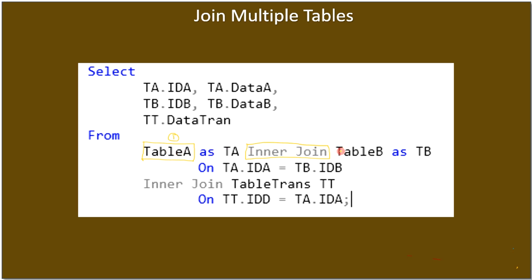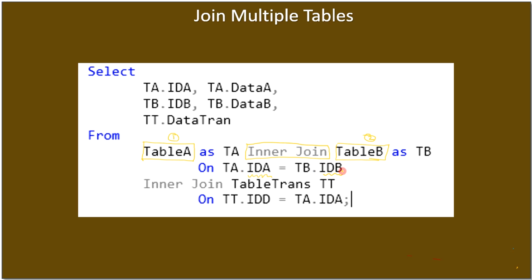Table A is joining with table B, the second table, based on the mapping column IDA from table TA and IDB from table TB.